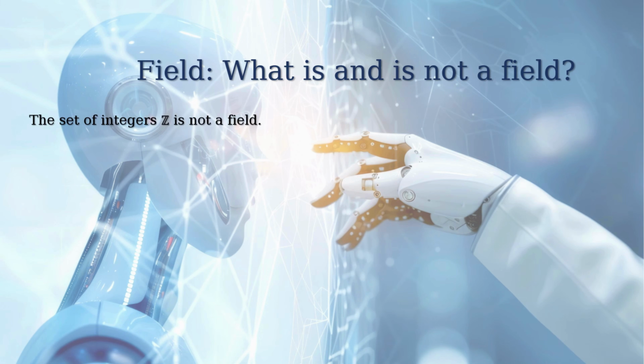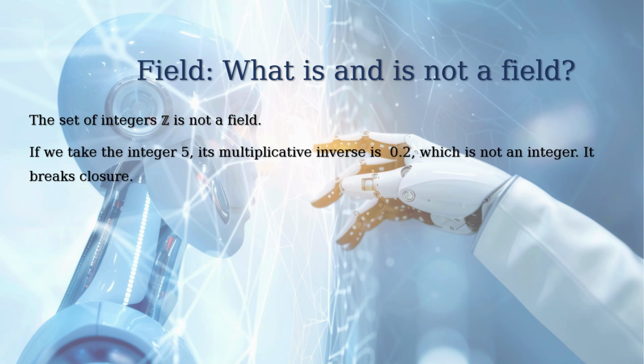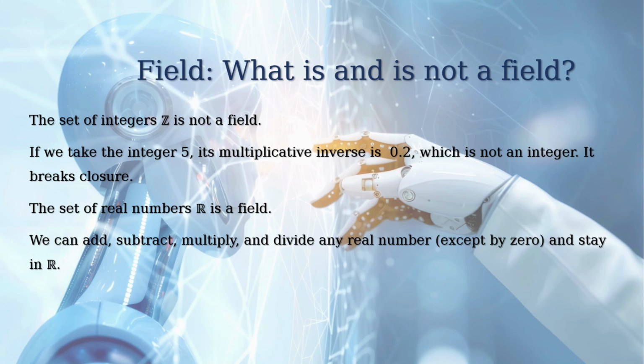So, let's look at some examples and non-examples of fields. The set of integers is not a field. If we take the integer 5 for example, its multiplicative inverse is 0.2, which is not an integer. It breaks closure. The set of real numbers is a field.